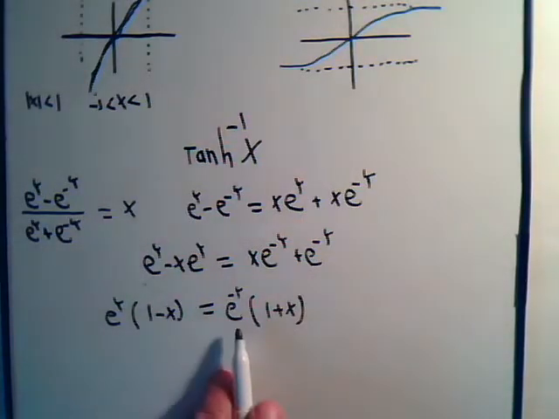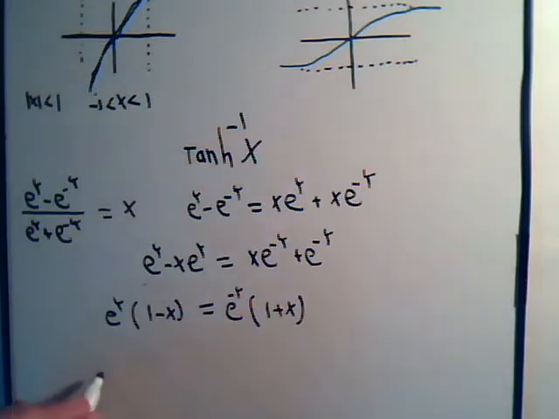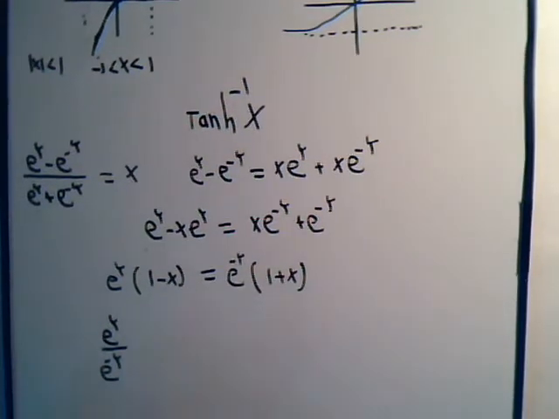Now let's divide both sides of the equation by this. So e to the y divided by e to the minus y, and this would just be e to the plus 2y.